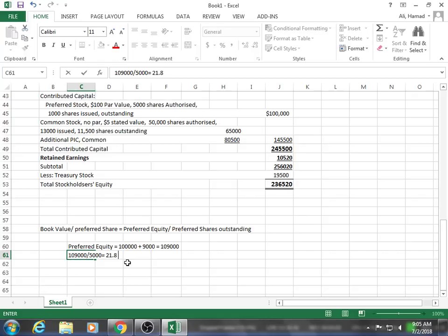Now everything else belongs to common shares. So the book value: how much of the equity belongs to common shares?